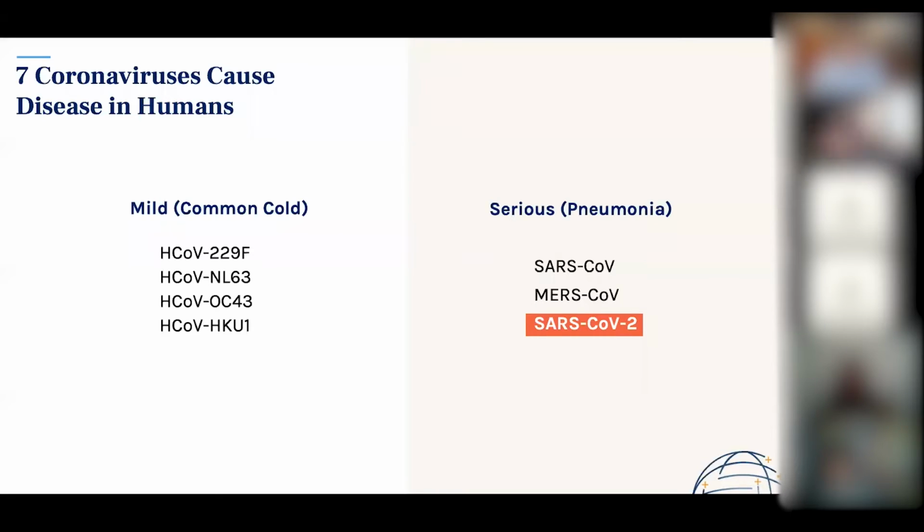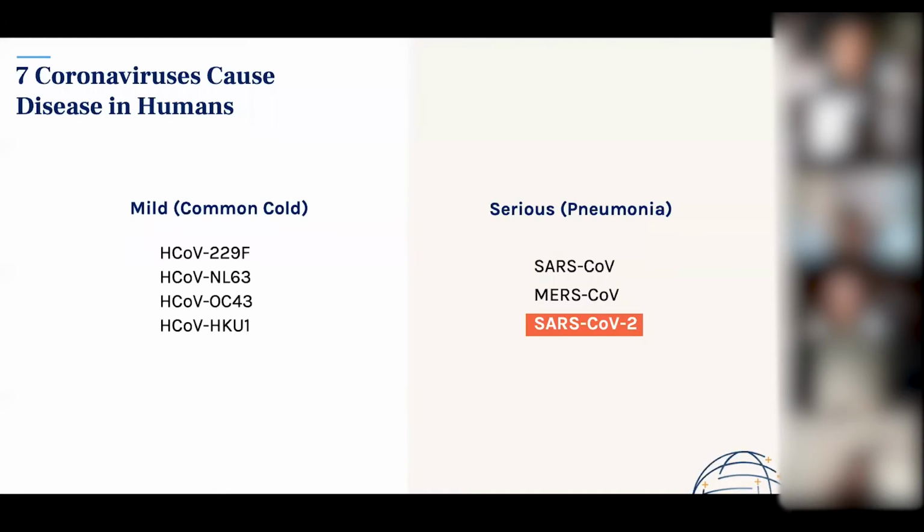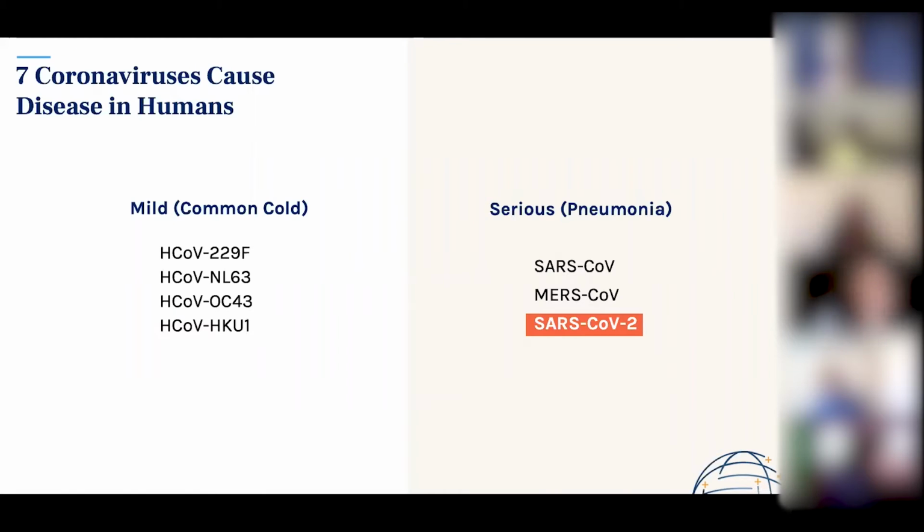Most of us have been infected with these. An important thing to keep in mind is that many of us have been infected multiple times by the same 4 coronaviruses. We've had common colds over and over again, and sometimes it's the same virus that we had 2 or 3 years earlier. We'll talk about that when we talk about what immunity means to this virus.